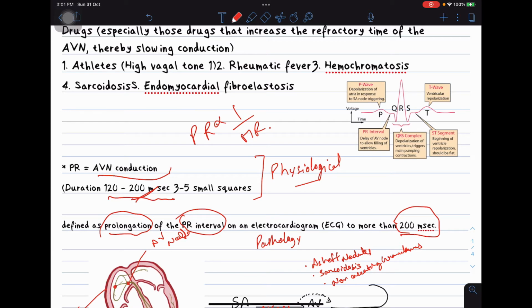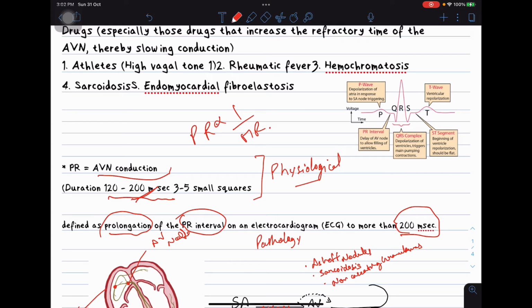So in normal people, the PR interval can change. If the person has sympathetic activity, the PR interval decreases. If the vagal tone is high, the person can have a longer PR interval. That is, prolongation of the PR interval can also be physiological.